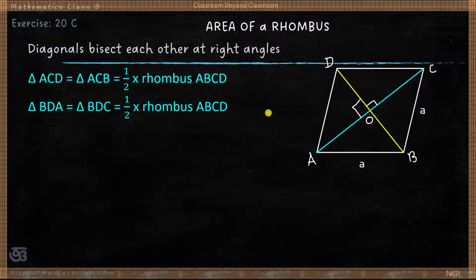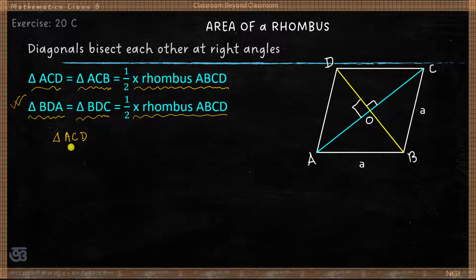So, area of the triangle ACD is equal to area of the triangle ACB and they are half the area of the rhombus ABCD. Similarly, for the diagonal BD, area of the triangle BDA is equal to area of the triangle BDC and this is equal to half the area of the rhombus.